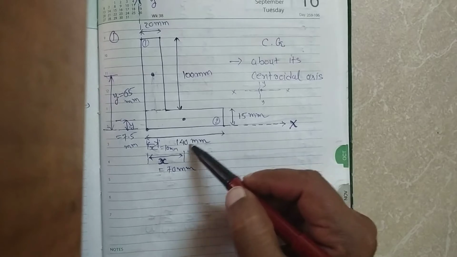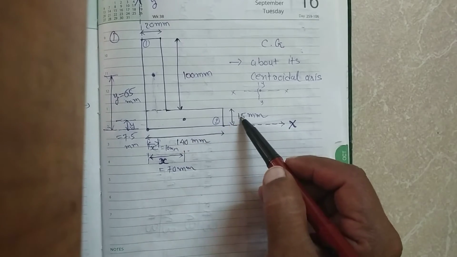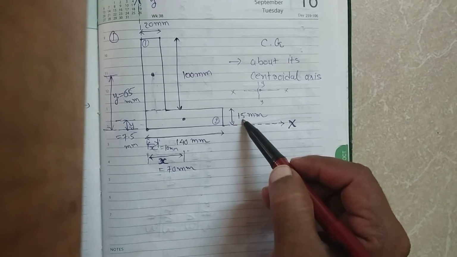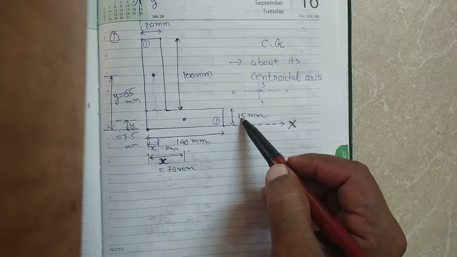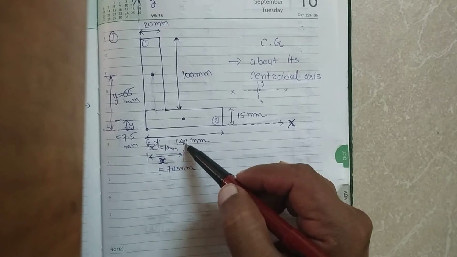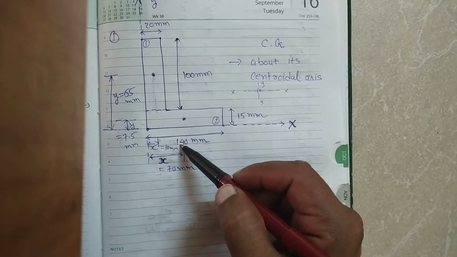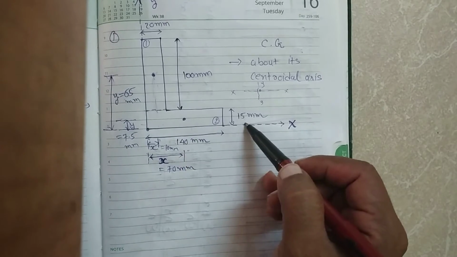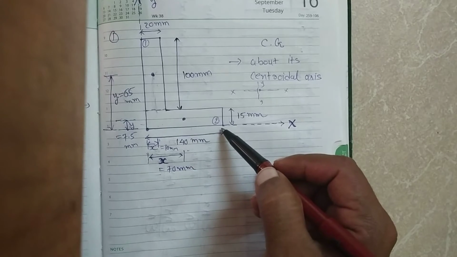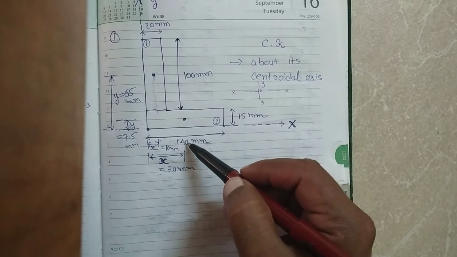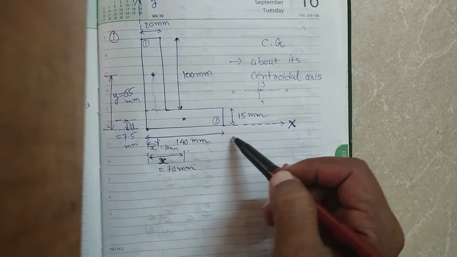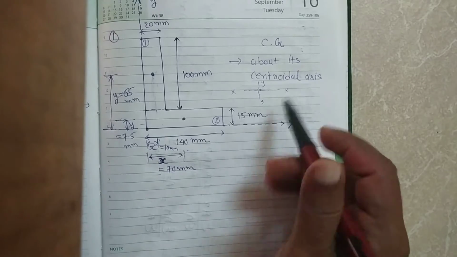So 140 into 15 is 1400 plus 700, which is 2100.